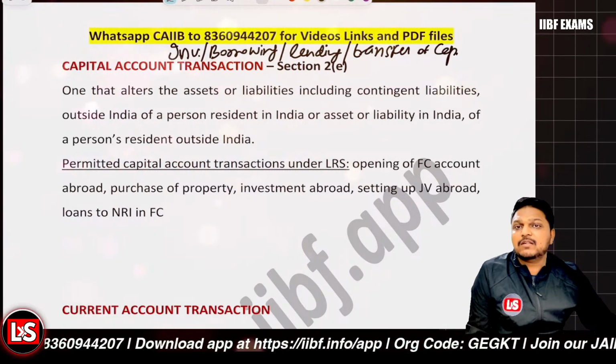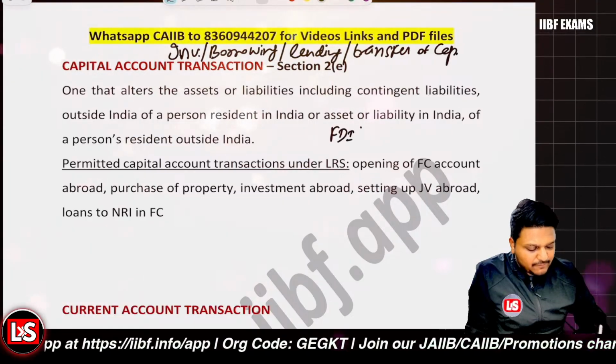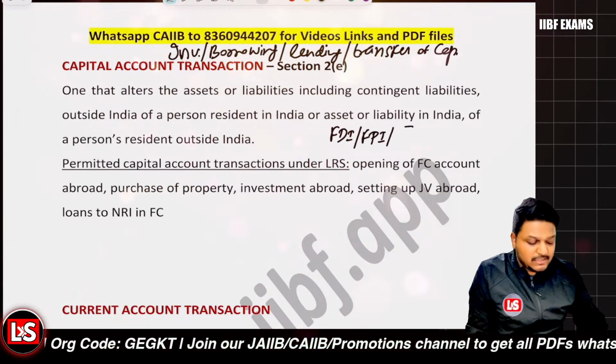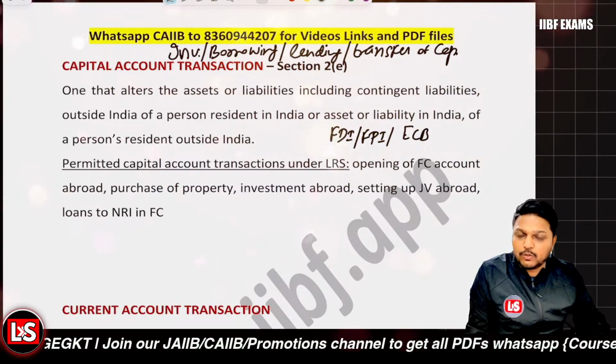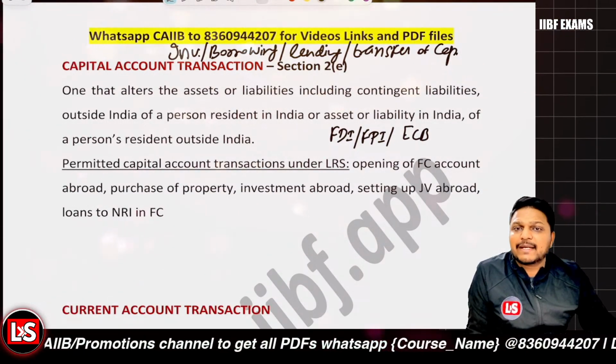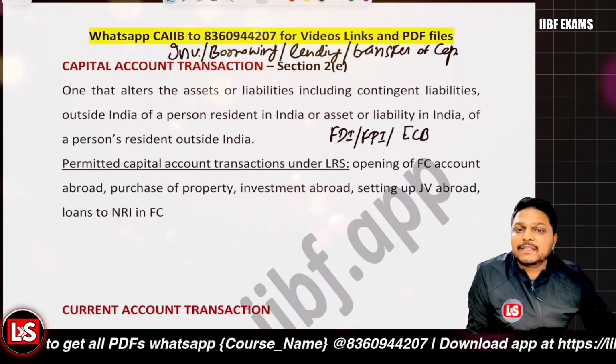Like if FDI is done, that's a capital account transaction. So if it is related to FDI, if it is related to foreign portfolio investment, if it is related to the ECB, external commercial borrowing, like I told you, or let's say if you have acquired a property here in India, that is amounting to what? That is amounting to the capital account transaction, right?